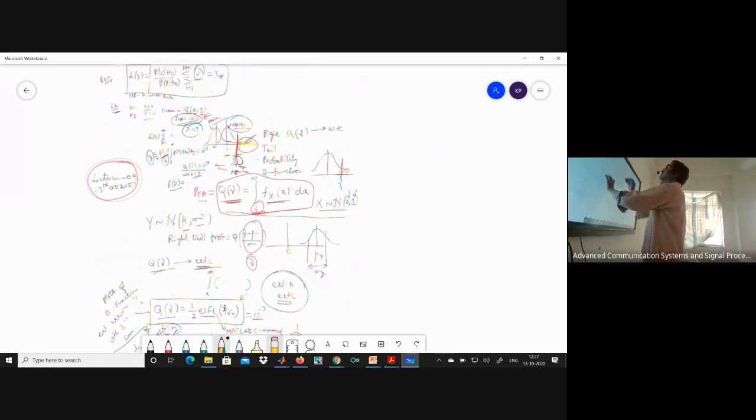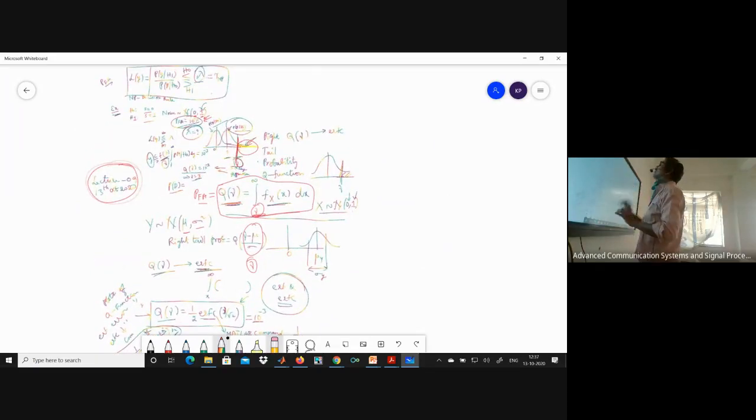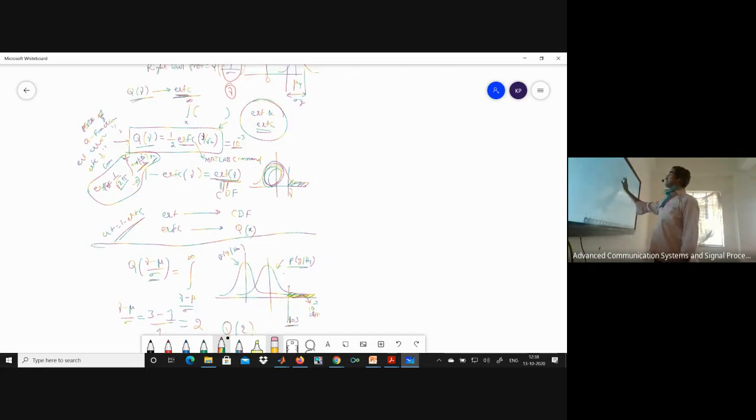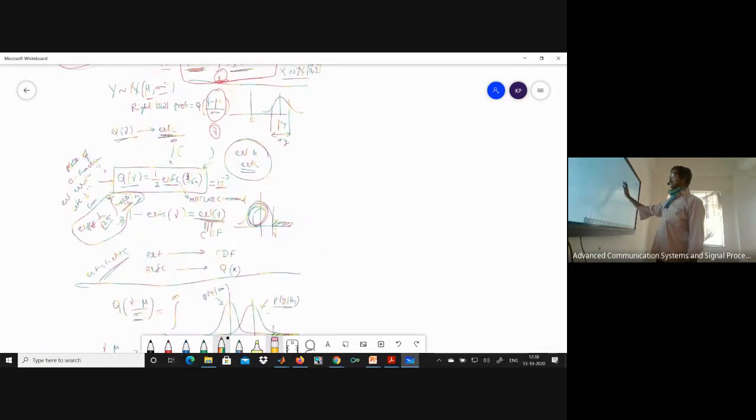Sigma, this is the standard deviation that you are going to have. So the sigma value is also 1. If I try to calculate this one, you'll be getting 2. That means Q of 2 you should calculate. If you calculate Q of 2, then you will be getting this area, the shaded area. That value was already calculated.